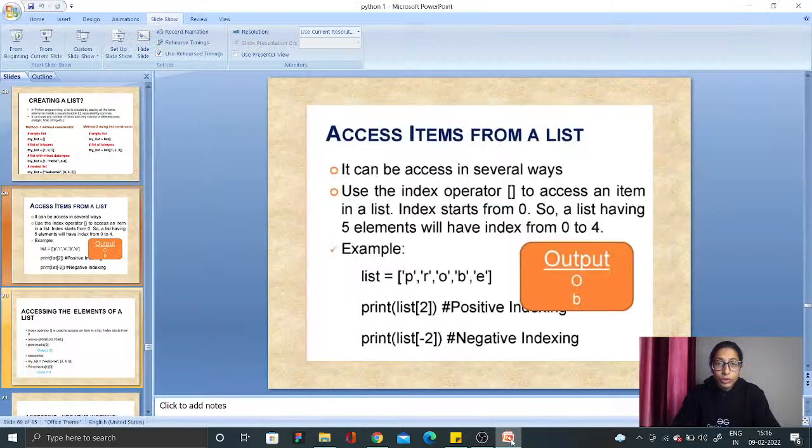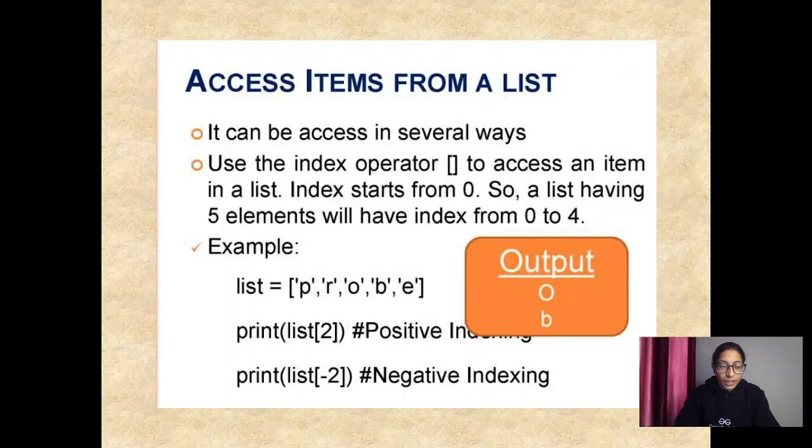Now moving forward to how to access the items from a list. What is the method of accessing an item from a list, and what are the various types? Accessing an item can be done in several ways. You can use the index operator, that is the square brackets, to access any of the elements, and you start from zero itself.